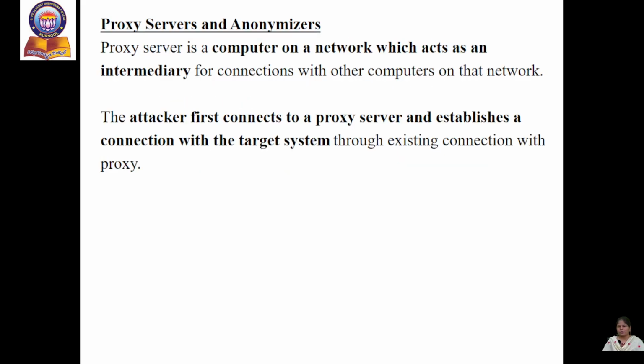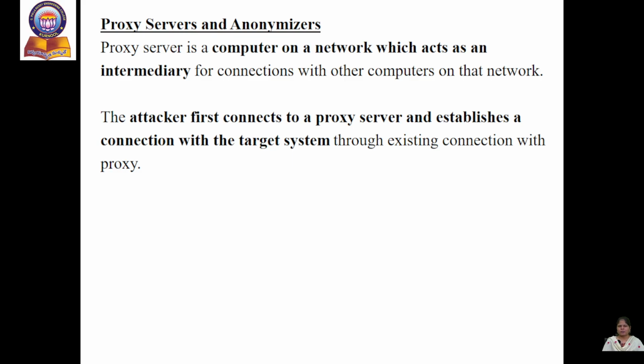One of the tools that the attacker will use for performing cybercrime is a proxy server. It is a computer on the network which acts as an intermediary for connections with other computers on the network. In a network we will have one server and different clients. Here the attacker will duplicate the server, which we call a proxy server.